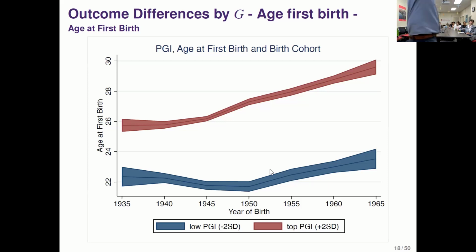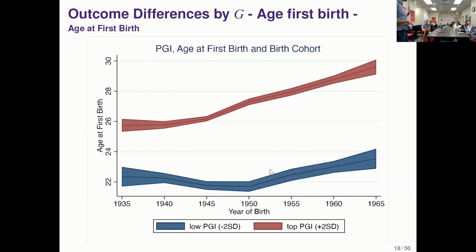If this distance was about 4 years for people born in the late 30s, we see that the distance now is almost 6 to 8 years. So it has increased, and there's a divergence.